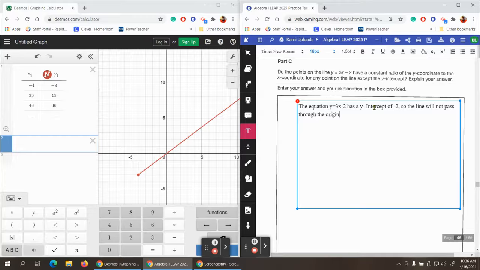It's not going to go through the origin, so it's not proportional. Okay, and so the line will not have the same properties as the line in part B. And there you go. There's that.